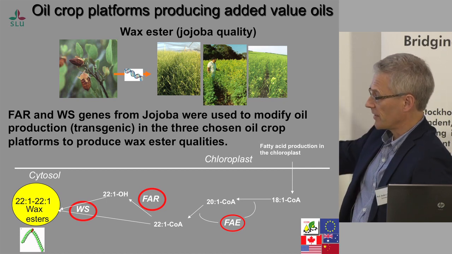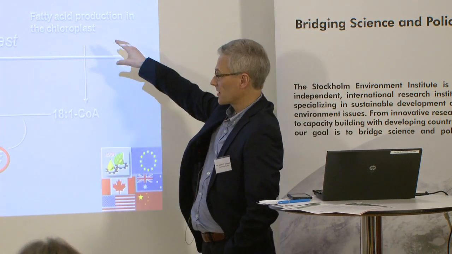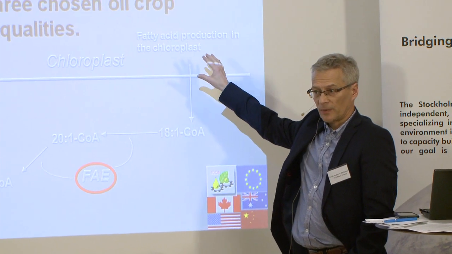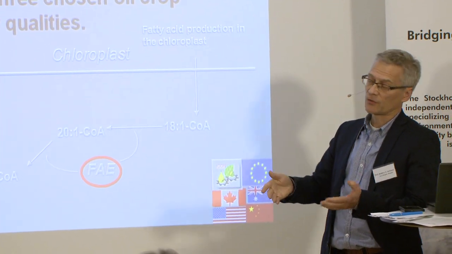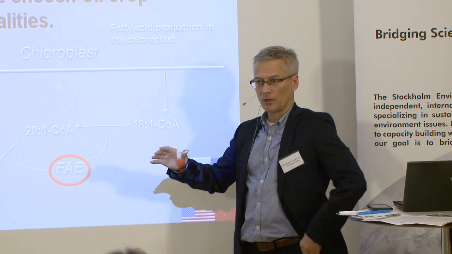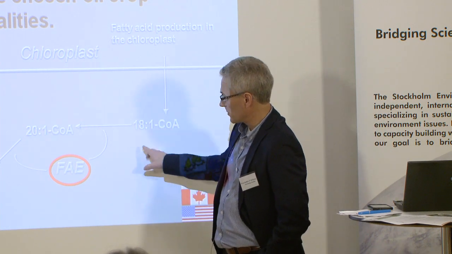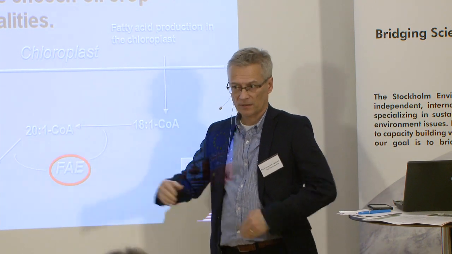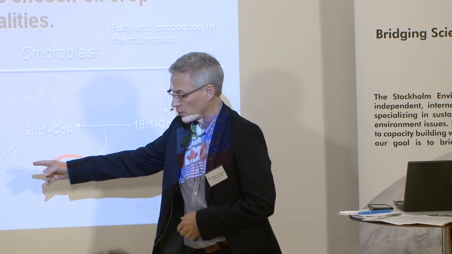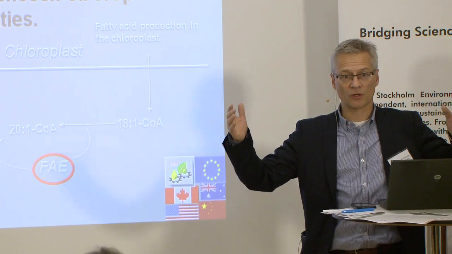Not trying to be too technical here, but basically the fatty acid is produced in the chloroplast and then exported out from the chloroplast in the form of 18 carbon long fatty acids. And then this 18 carbon fatty acid is elongated, added up to 20 and further into 22 carbon long. So now we have a 22 carbon long carbon chain.